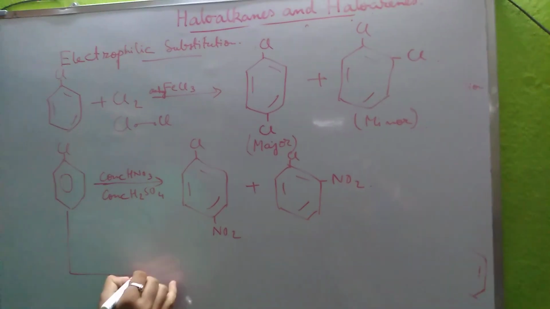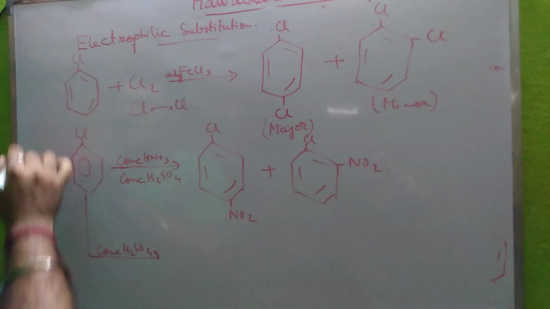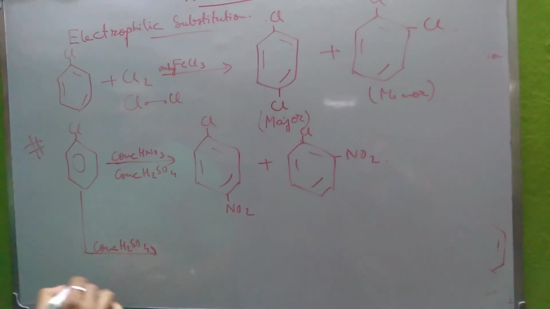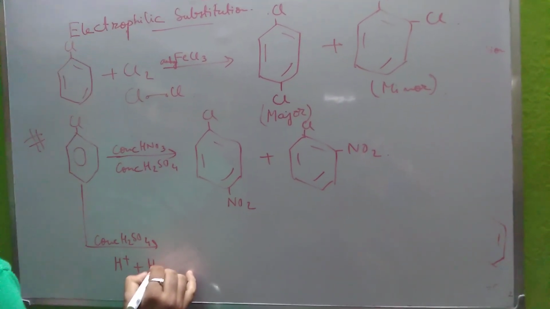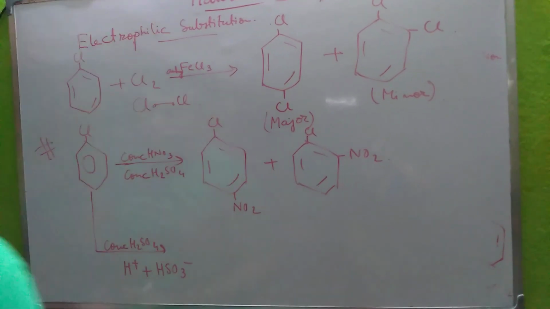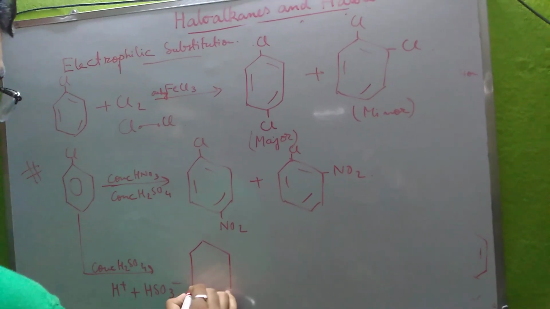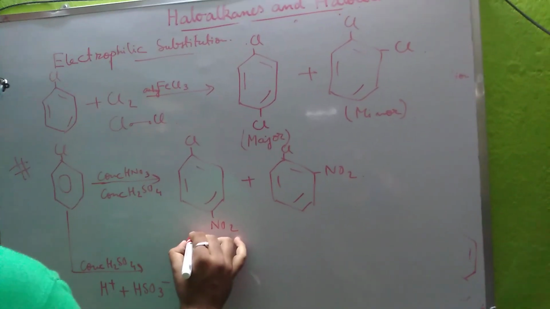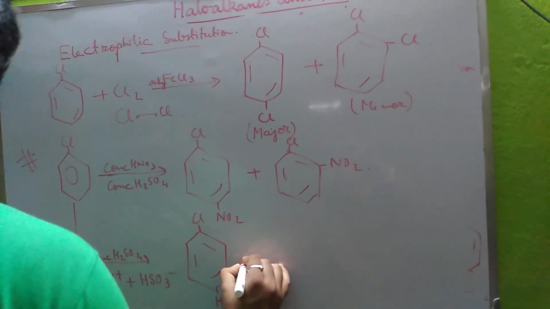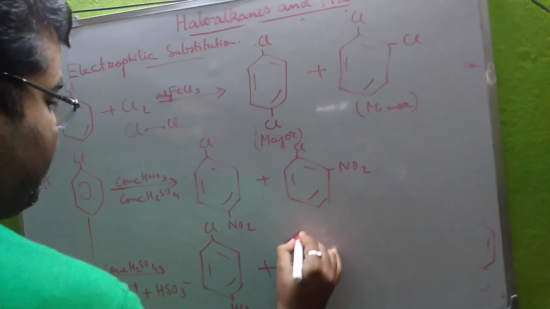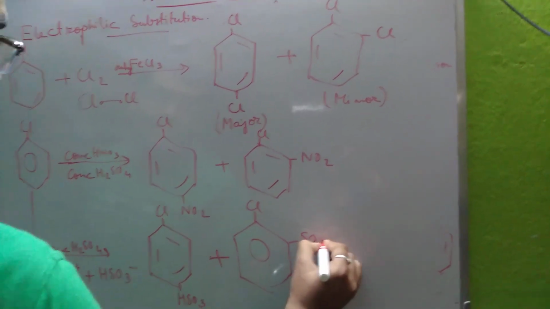Now if I react this chlorobenzene with concentrated H2SO4, meaning sulfonation, this one was nitration, this is very, very important. H2SO4 will be breaking into H plus and HSO3 minus. So what will happen is it will be forming Cl with HSO3 one time, and another time Cl with SO3H.